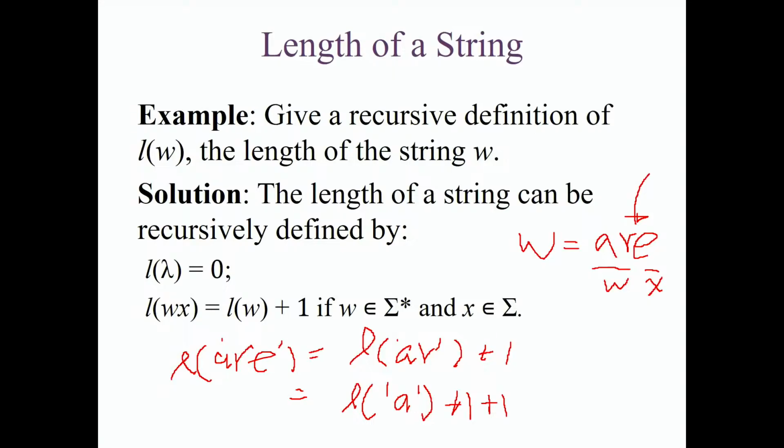In the last step, we will have the length of lambda plus 1 and plus 1 and plus 1. The length of lambda equals 0. So in the end, we get the length of the string ARE to be 3. That's how we apply recursive definition to calculate the length of a particular string, ARE.